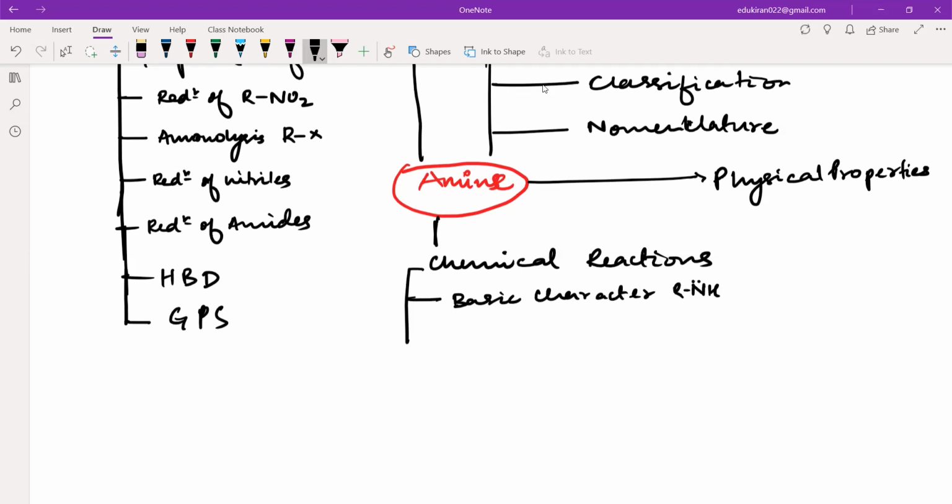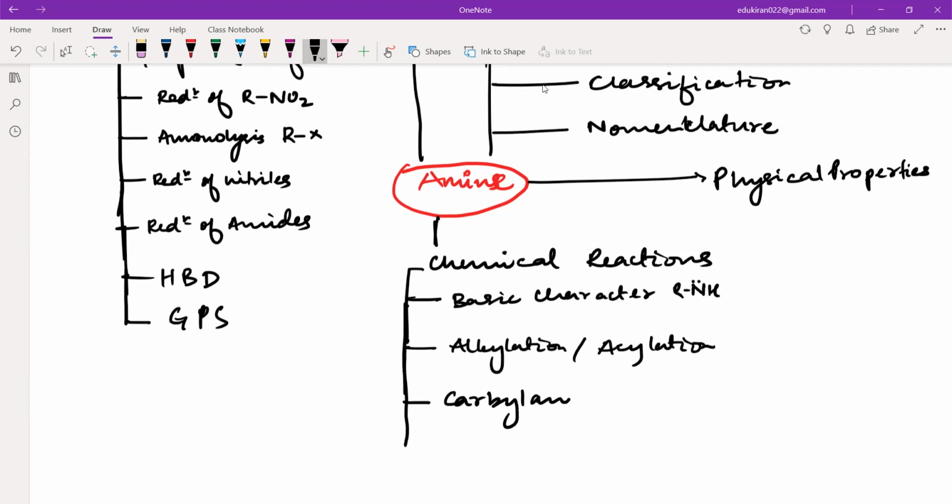Then you have alkylation and acylation. Next, you have the carbylamine reaction. This is an important reaction. Then you have reaction with nitrous acid.